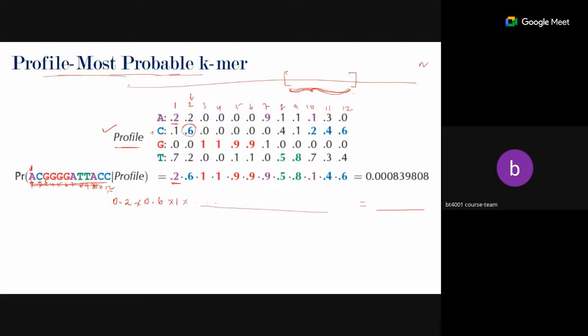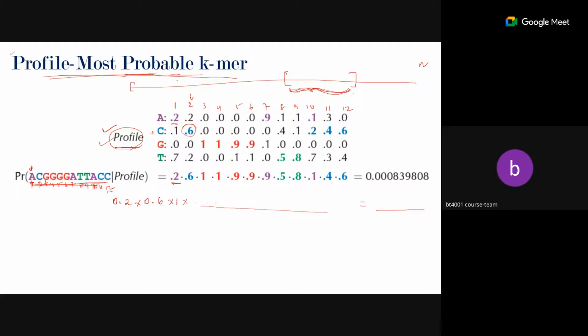What profile most probable k-mer means is: what is the k-mer which has the highest probability with respect to this profile matrix?